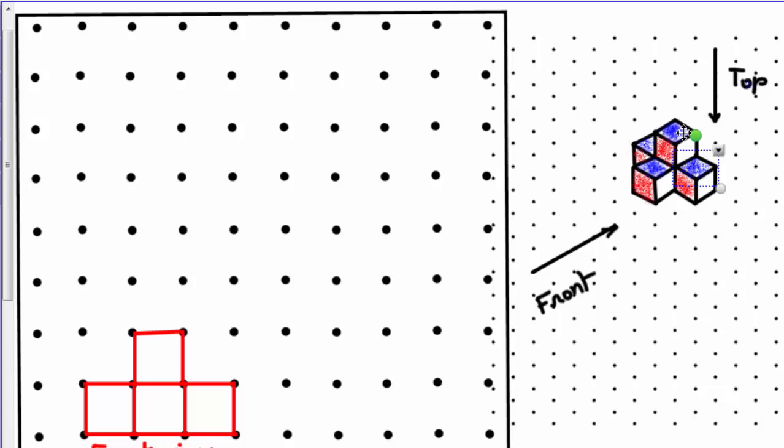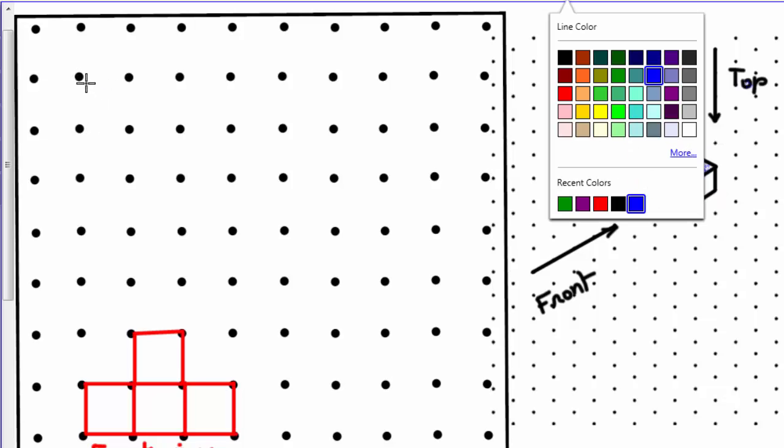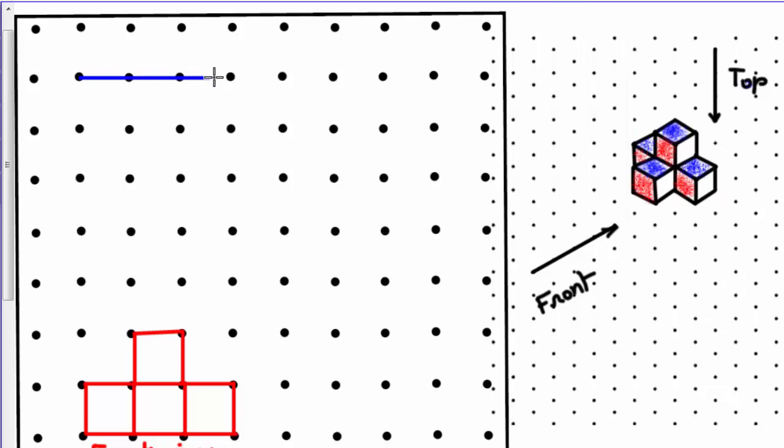If I take this 1, 2, 3, they are straight like that, so I can draw 1, 2, 3. Again, another line, 1, 2, and 3. And I'm going to close this block to show the 3 blocks at the top view here.